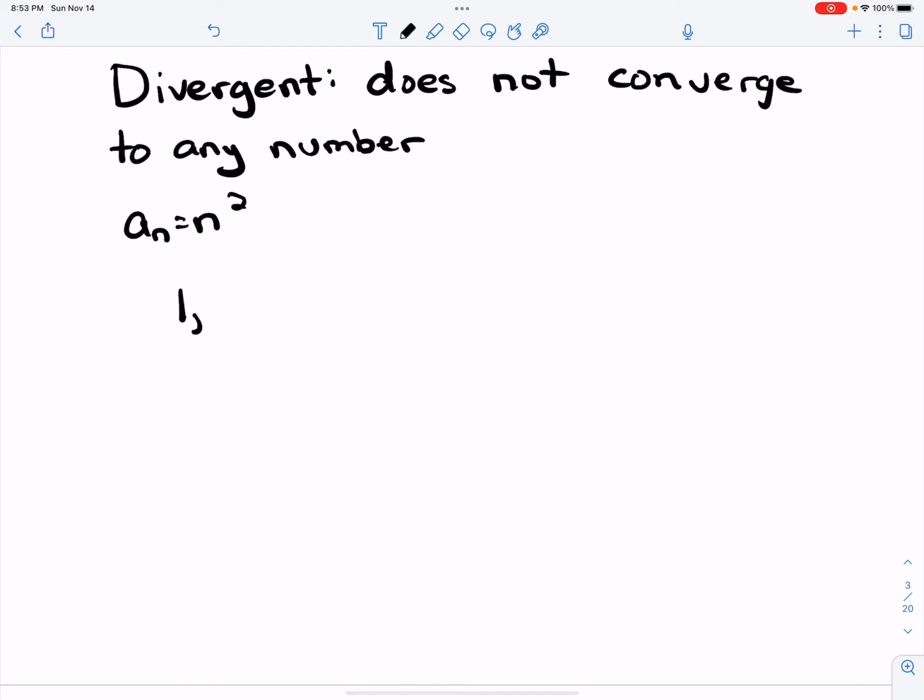See, 1 squared is 1, 2 squared is 4, 3 squared is 9, 4 squared is 16, 5 squared is 25, etc. It keeps going, it keeps getting bigger and bigger. It approaches infinity, but that doesn't count. It doesn't actually converge to a particular number. So that one's considered to be divergent. So as n becomes bigger, the values of a sub n do not approach a fixed number. Instead, they increase without bound.